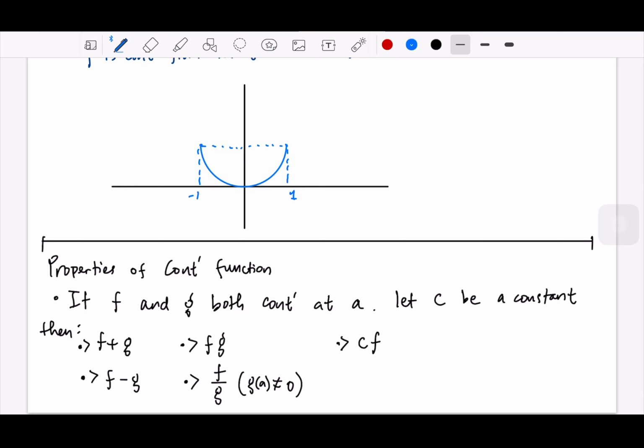So all of these are continuous functions. We need to make sure that both f and g, each one of them, need to be continuous, so that we can apply all these terms.